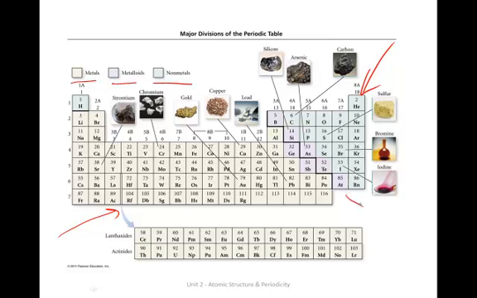In the middle, we have our metalloids, pictured in purple again, and they are elements that sort of border the nonmetal and metal characteristics. They share some characteristics and properties with metals, some with nonmetals. So we sort of classify them as their own in-between category, metalloids.